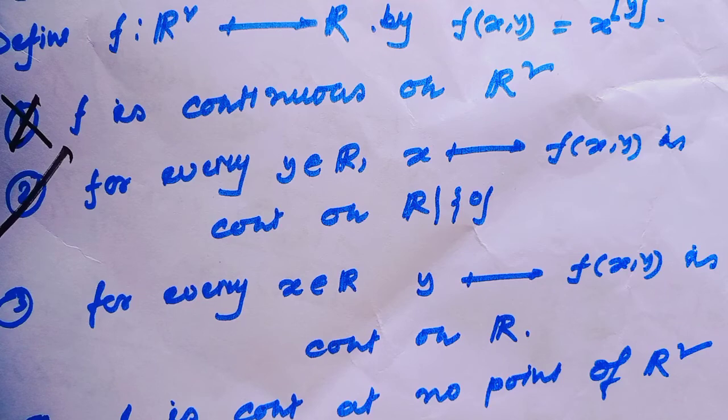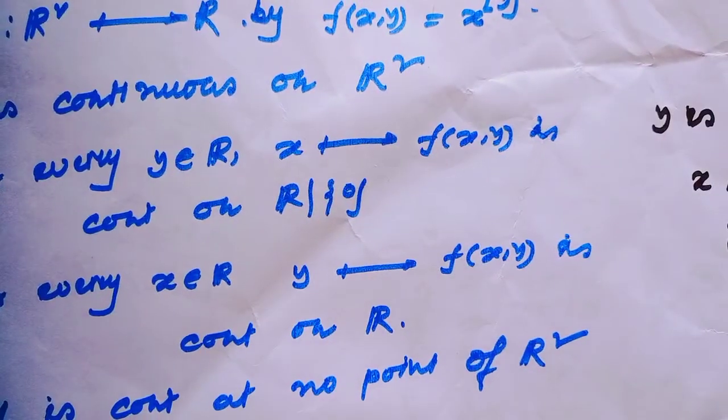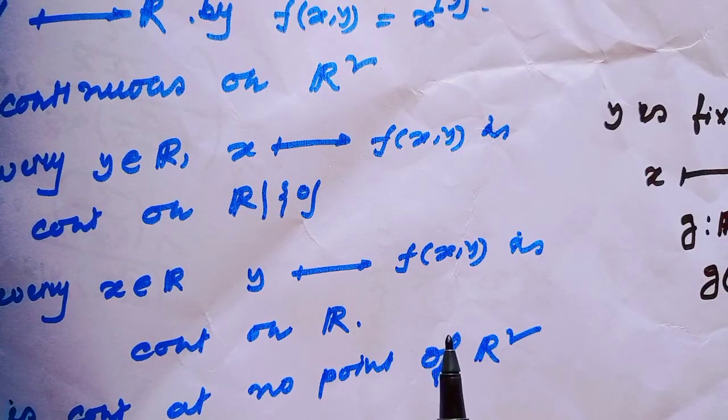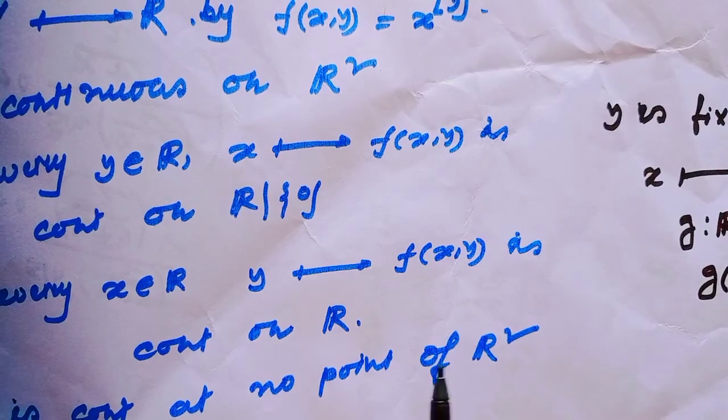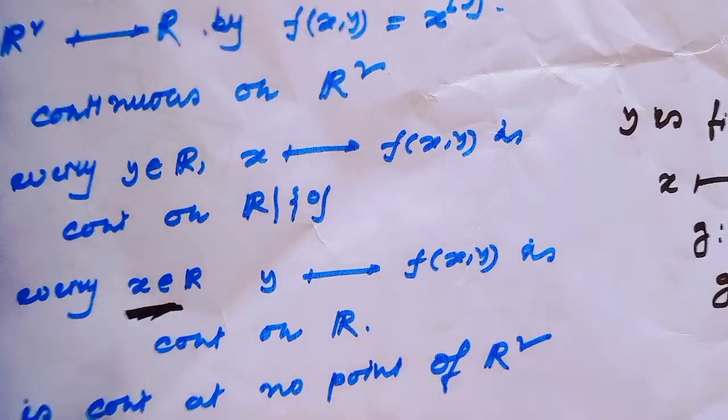And option 3 indicates for every x belongs to R, y maps to f(x,y) is continuous on R. And here notice, here x is fixed.